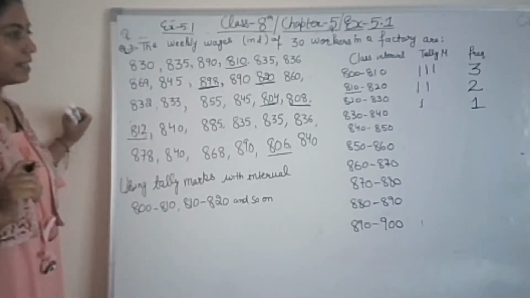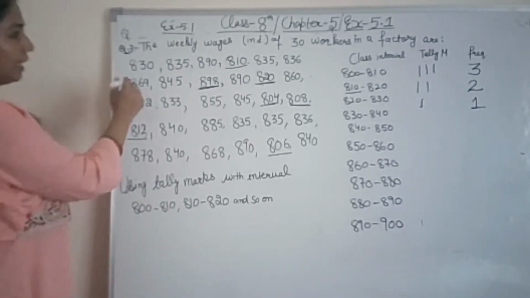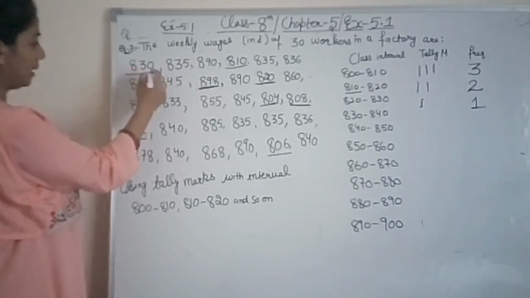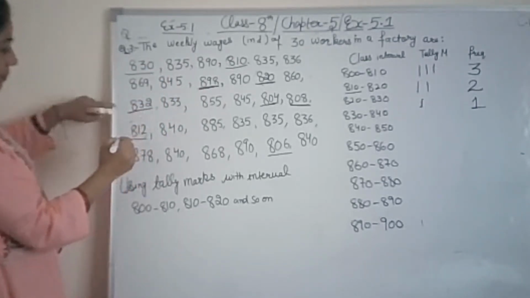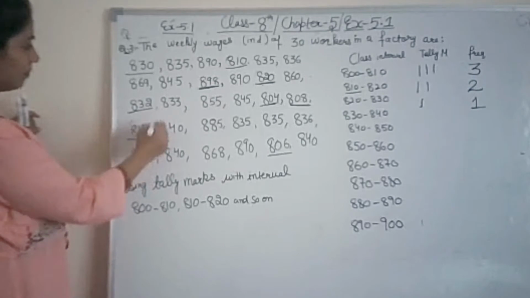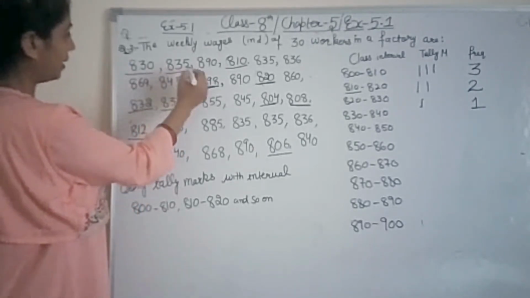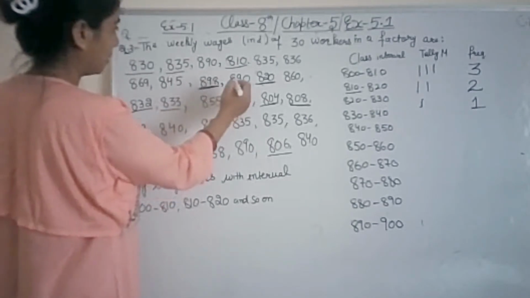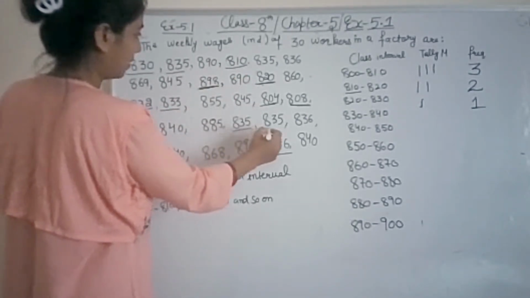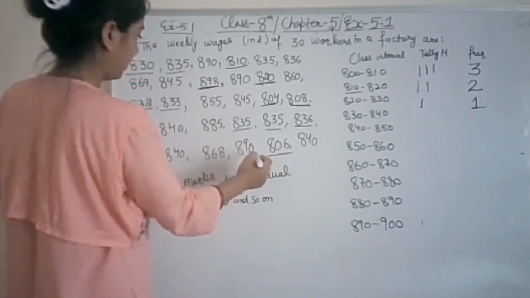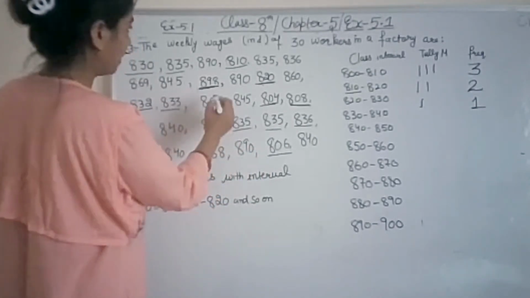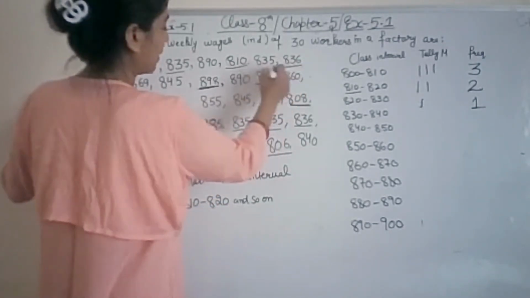So next is 830 to 840. 832, so 830, 832, 833, 835, 837, 838, 839.